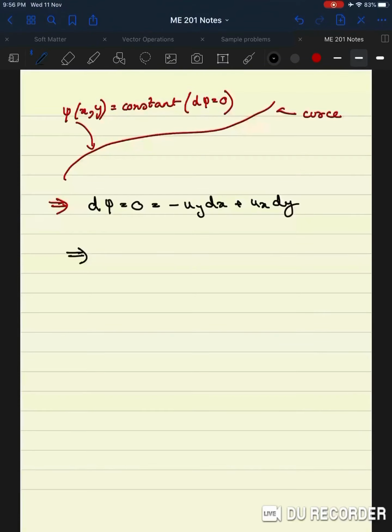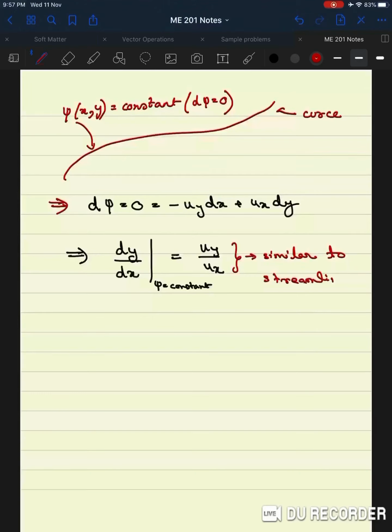So this tells me that the curve is such that dy by dx, such that psi is equal to some constant, is nothing but uy by ux. Do you remember this quantity? This is similar to, or the same as, the streamline definition.